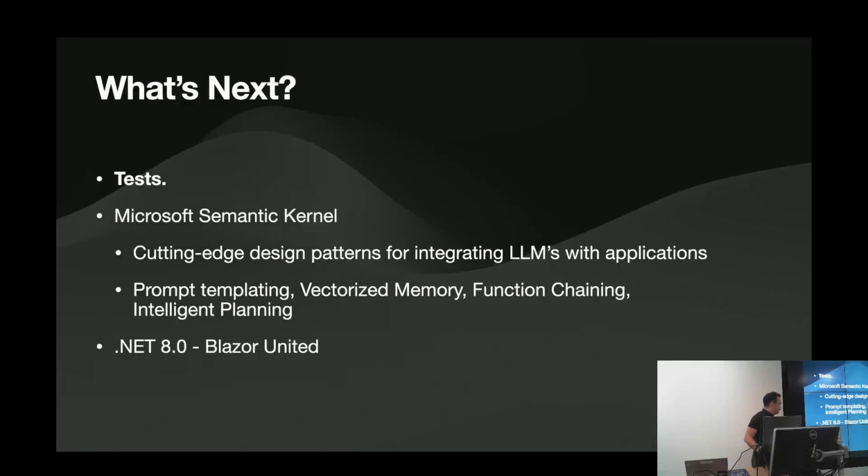So another really cool thing coming soon is in .NET 8.0, we have Blazor United coming up. So in that .NET 7.0 Blazor WebAssembly application I showed you, that's all rendered in the browser. But in Blazor United, what you can do is set it to intelligently render components either on the front end or the back end.